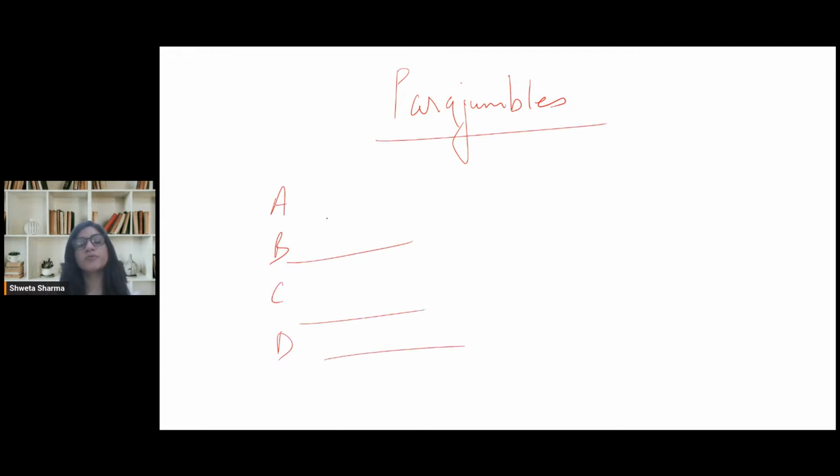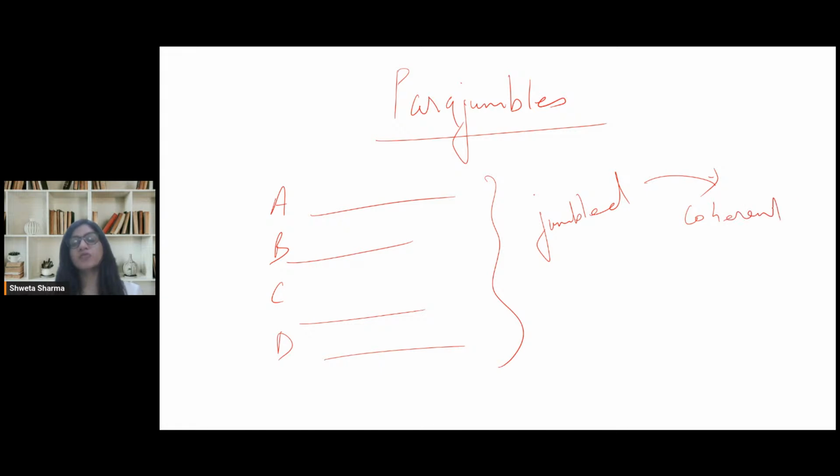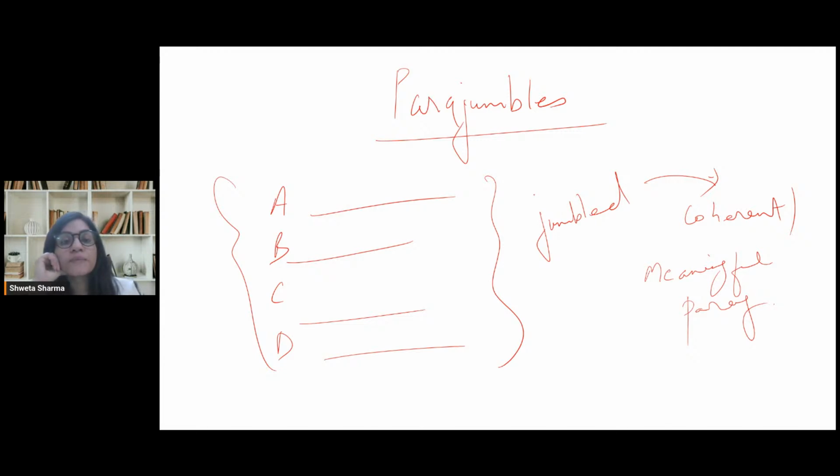There could be 4 sentences, there could be 5 sentences, and we need to figure out a coherent, meaningful paragraph out of them. What are we trying to do? We're basically trying to make something meaningful out of something which is totally jumbled.